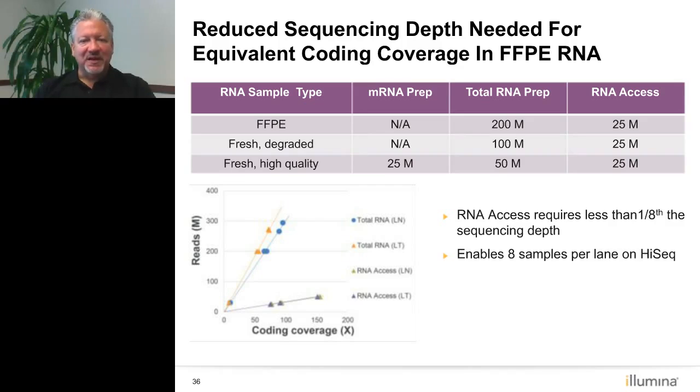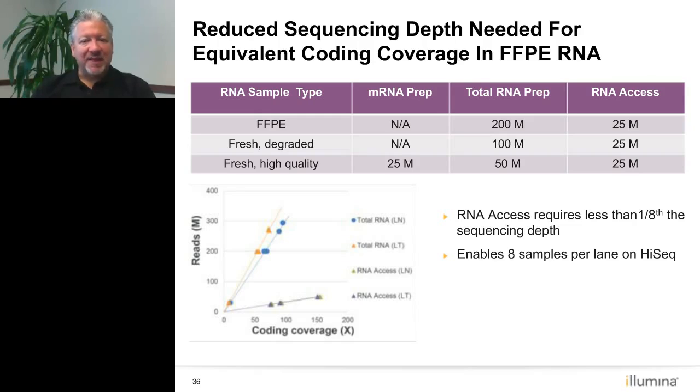They're fairly close. But the point is that if you have degraded samples, and especially fixed degraded samples like FFPE, first off, we would never recommend doing an mRNA prep on those. But if you're doing a total RNA prep like you would have done in the past few years, you sometimes have to go, as an example I was showing you, 200 million reads to get good signal. And this is the cool thing about the RNA access process.